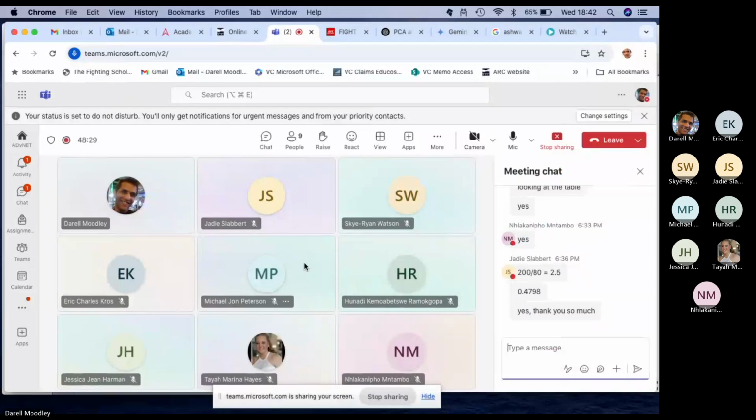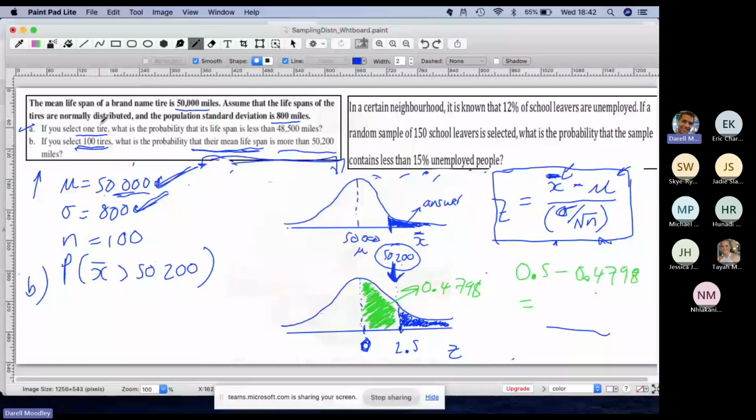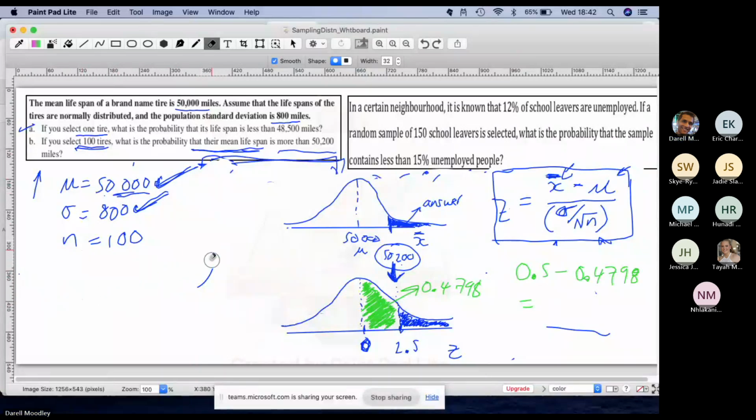All right. Let's move on. One more thing I want to cover for this learning unit. So that's question A and B done. I'm just going to clear the board. We're going to do a new question.